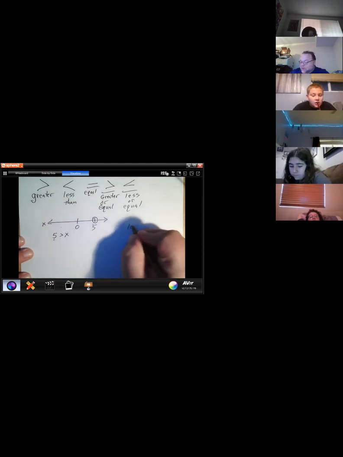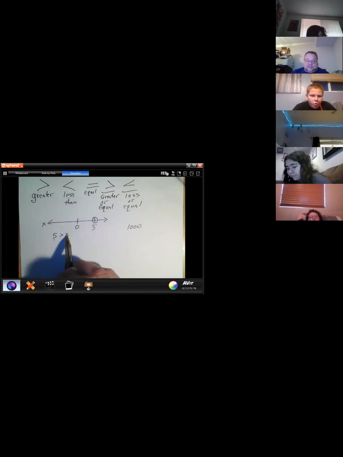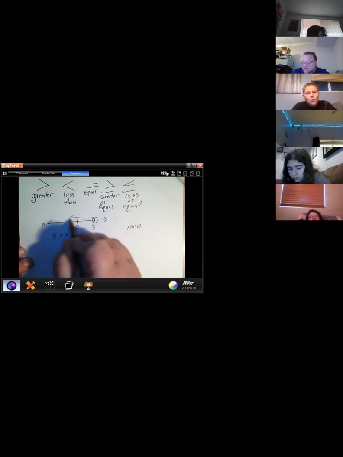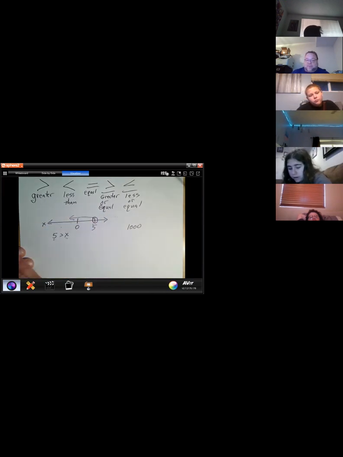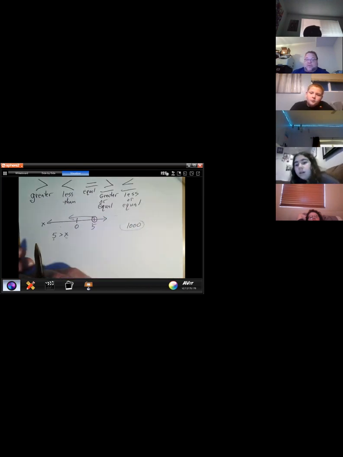So I'm going to use 1,000 as my value for x. And watch what I'm going to do. Is 5 greater than 1,000? No. Well, 1,000's over here, right? So if 1,000 is over here, then the arrow for my inequality has to point to the other direction, right? Because if it went this way, it would include 1,000, and we know that it doesn't.